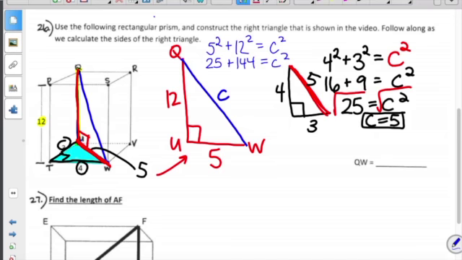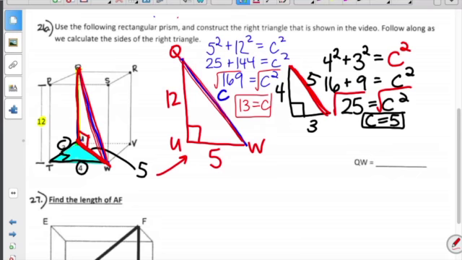We're solving for a hypotenuse, so we just add 144 plus 25, which is 169. So that's what c squared is equal to. And my last step is to take the square root of both sides. So the square root of 169 is what c is, and that is 13. Okay, so I just solved for QW. This one right here, my two-dimensional version. And we know that QW is 13.